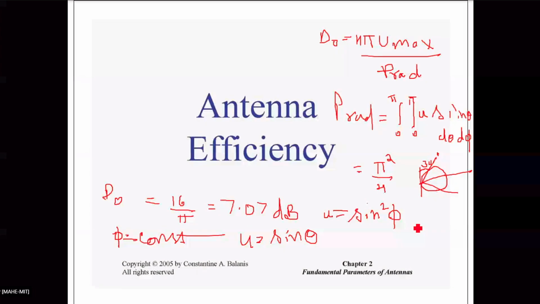And the variation of phi is from 0 to 2 pi.